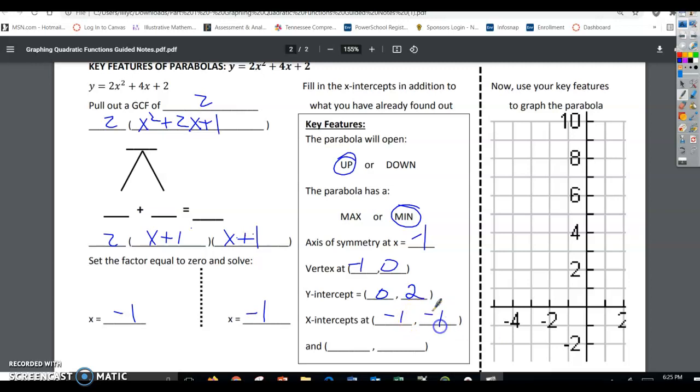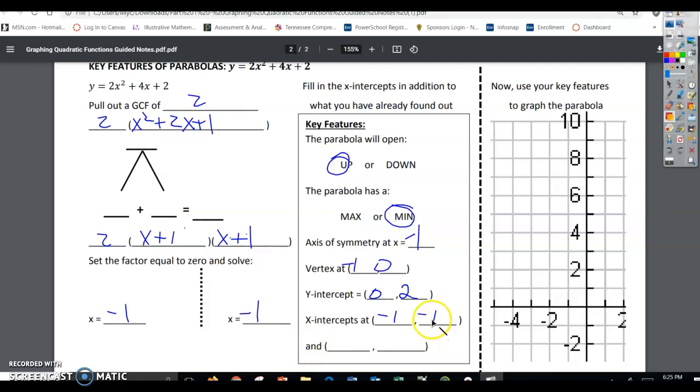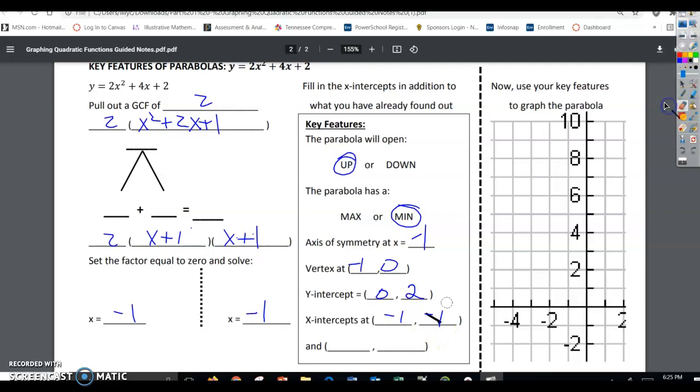That means there's really only one. Oh, sorry. That's supposed to be (-1, 0). Just replace that with a 0 there. All right, that means it only has one x-intercept.